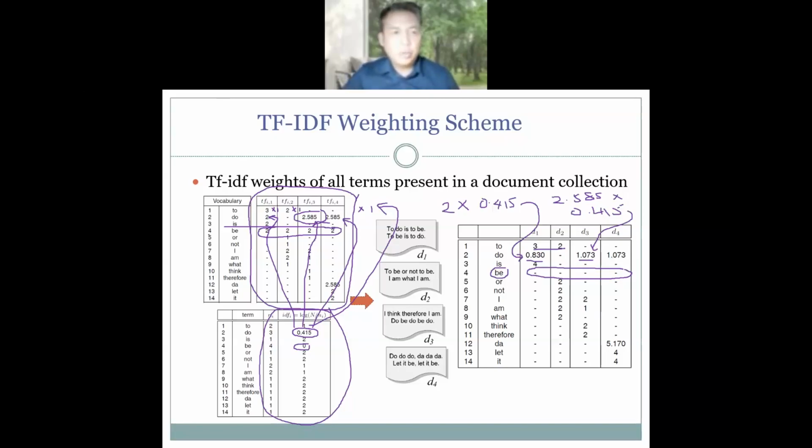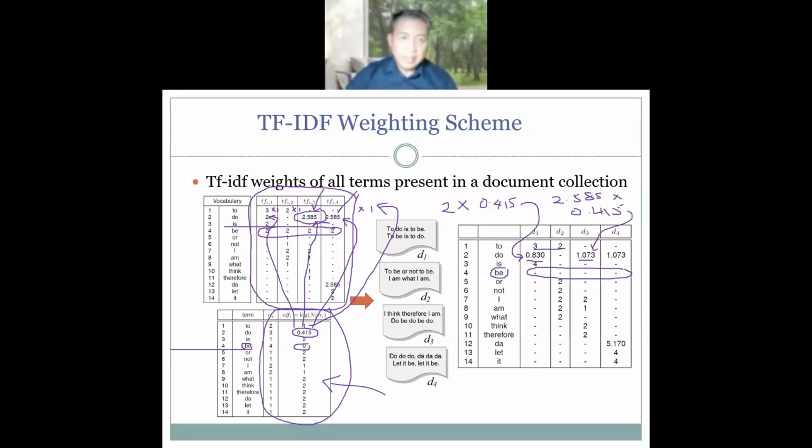That's why we have to use the IDF to tell the system that if you have a word that exists in all of the documents, do not give it weightage. So just cancel out to become 0. But it will not affect the rest of the weightage.